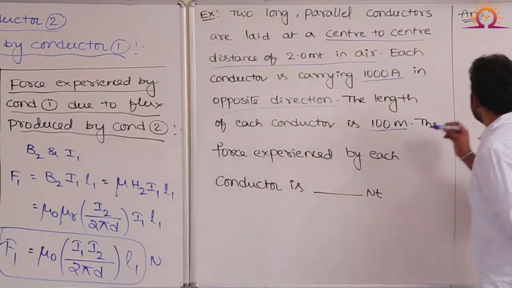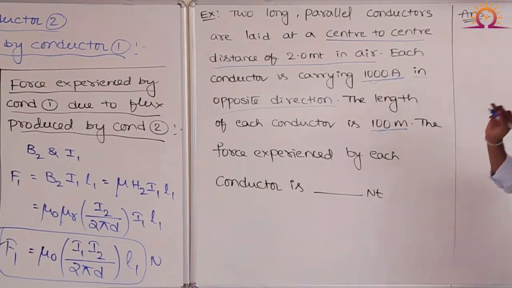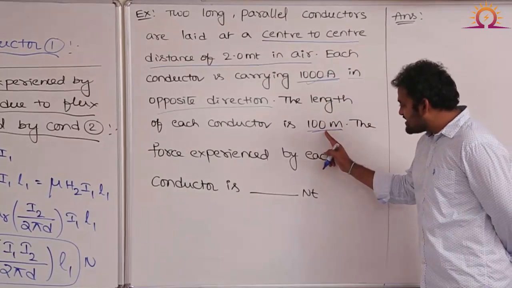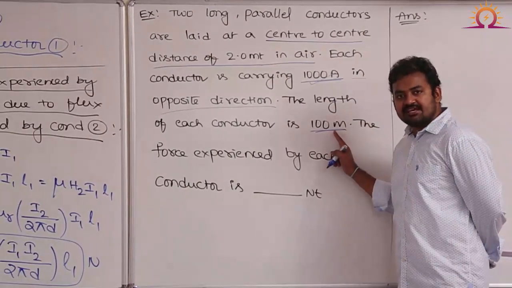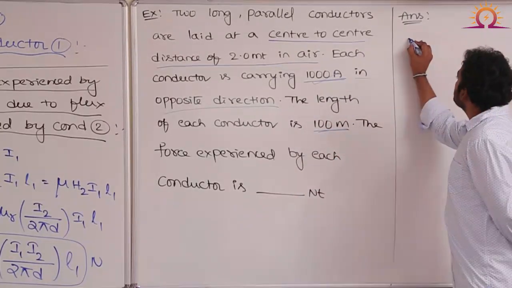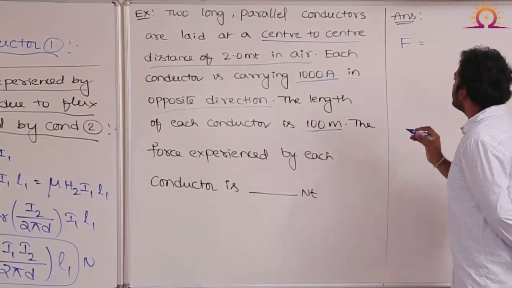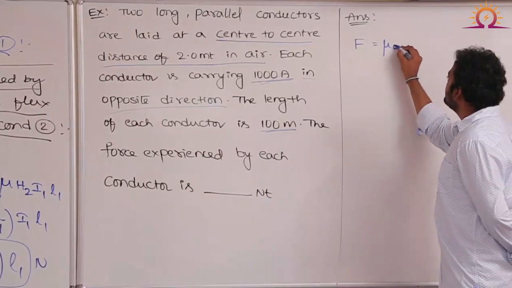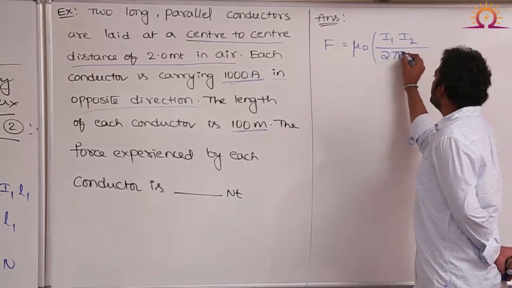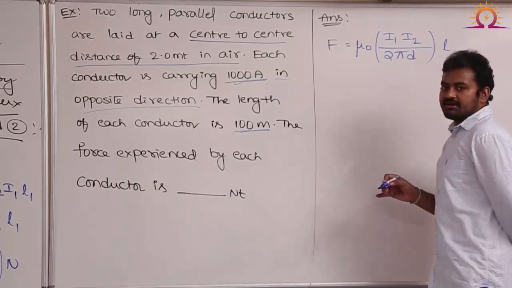Now important thing is both conductors are carrying same current and having same length. As they are having same length, obviously they will experience the same magnitude of force. Therefore force experienced by each conductor, same formula: mu naught into I1 I2 by 2 pi d into length of the conductor.